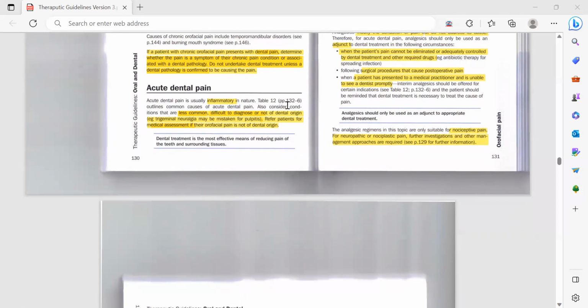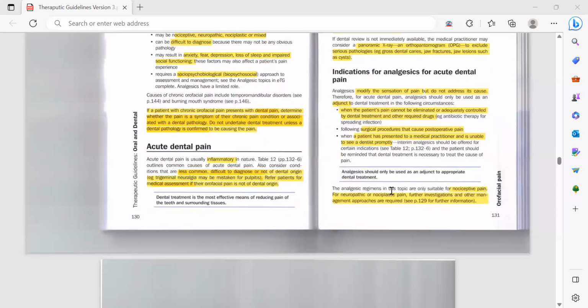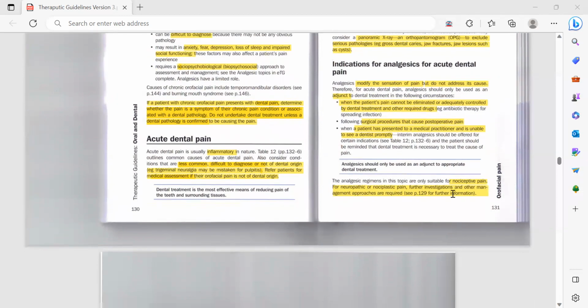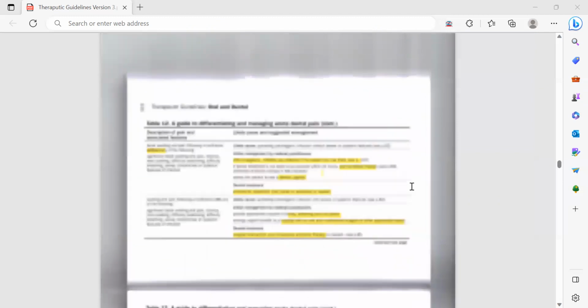As we read, nociceptive pain is the acute dental pain, and generally the patient comes with this feature only. So these analgesics are best suited for nociceptive pain. For neuropathic and nociplastic pain, further investigations and other management approaches are required.